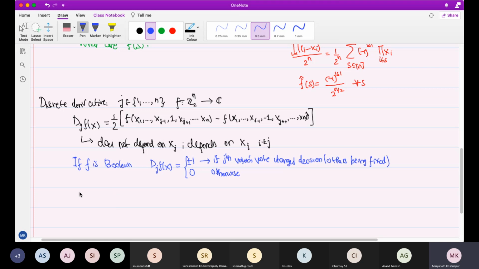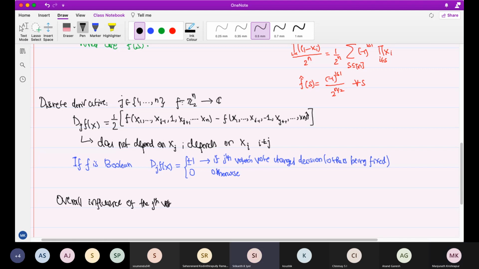So for Boolean functions, it is that. In some sense, this is measuring the importance of the jth voter. But that depends on x, so we can get an overall measure of the influence of the jth voter.